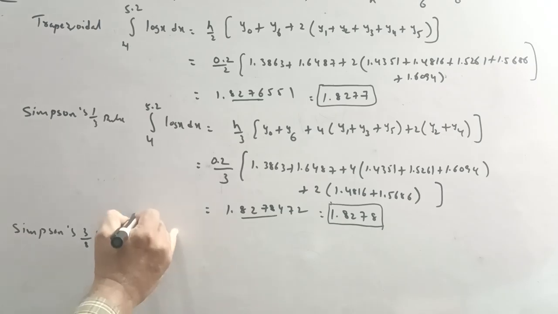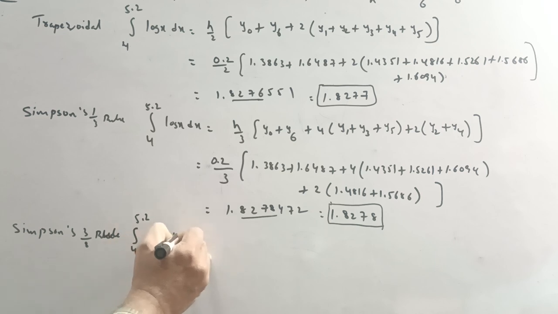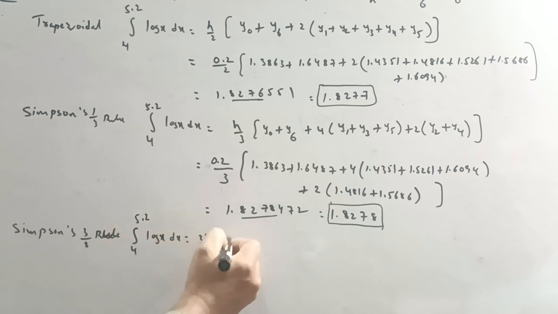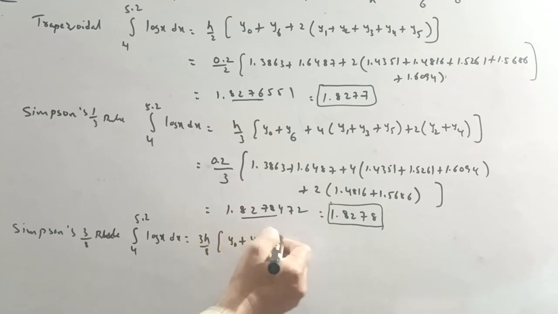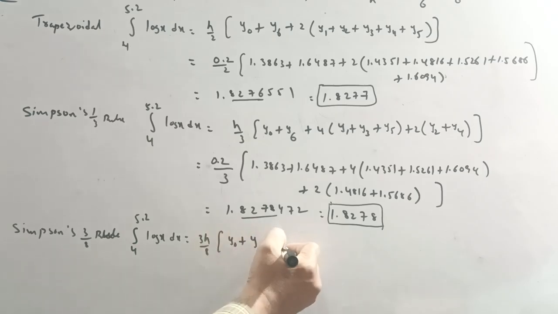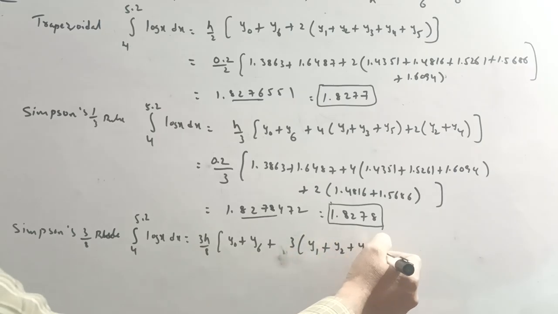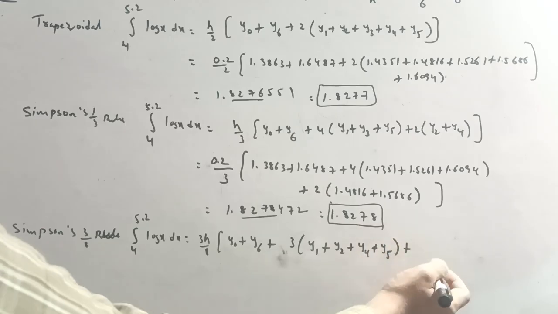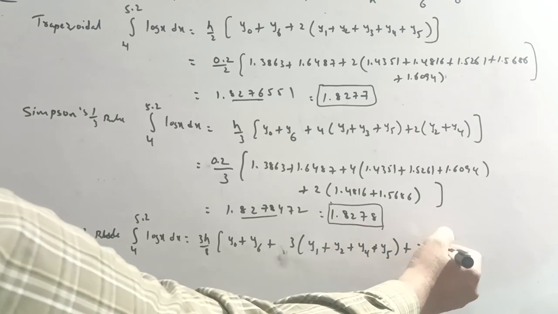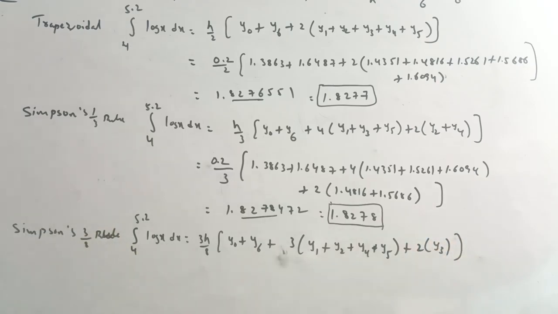Integral 4 to 5.2 log x dx is equal to 3h by 8 times y0 plus y6, where yn is y6, plus 3 into the remaining terms y1, y2, y4, y5, plus 2 into the multiples of 3. How many multiples of 3 do we have? y3 and y6, but y6 we already took, so only y3 here. Correct?